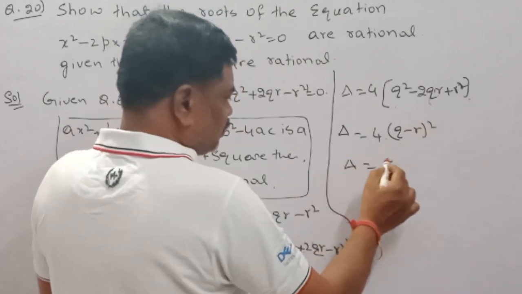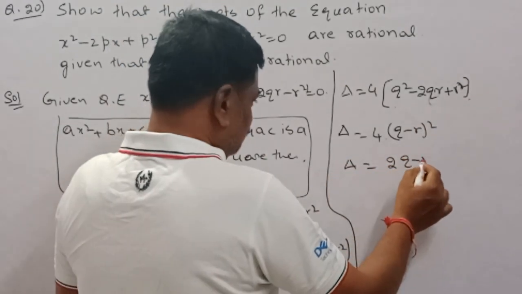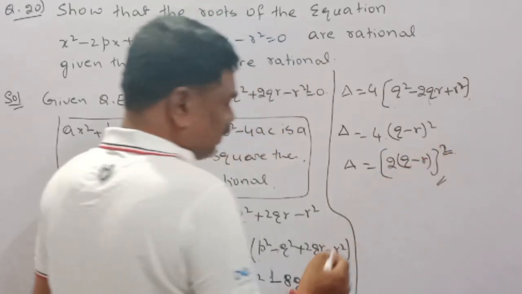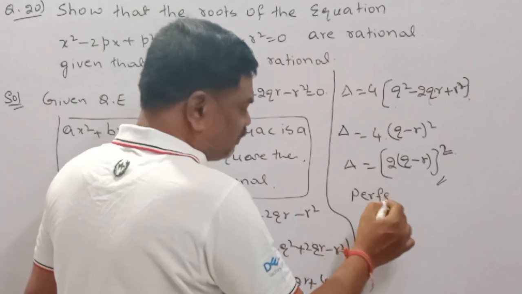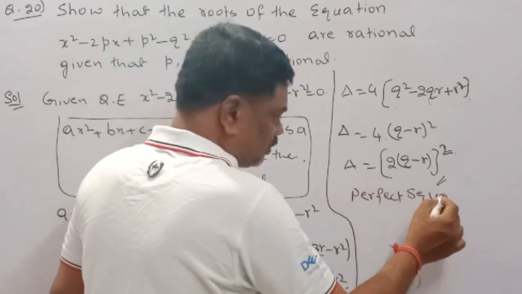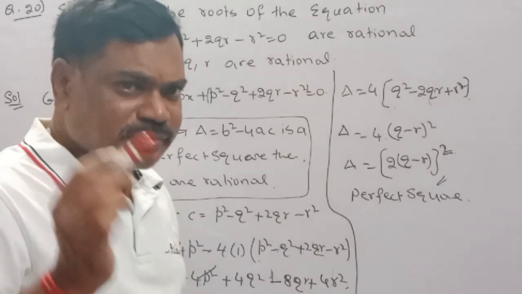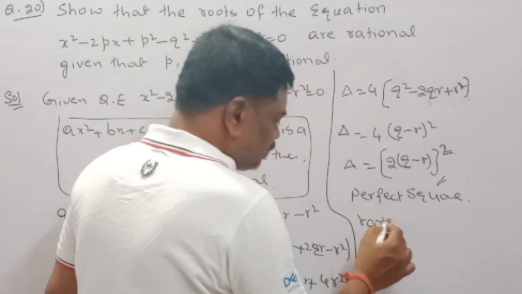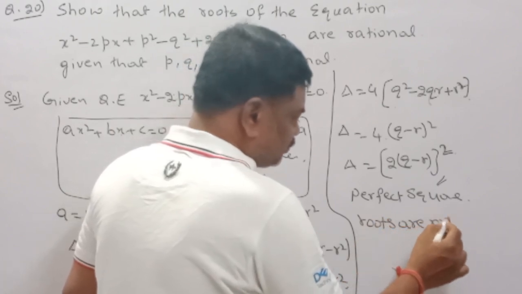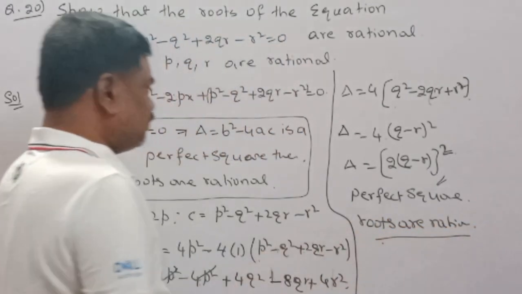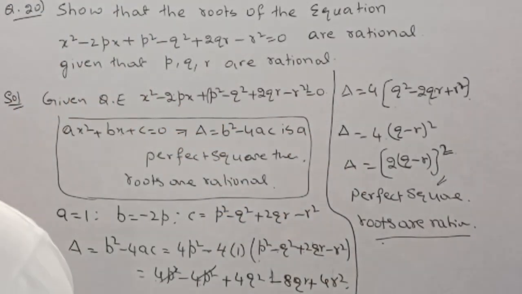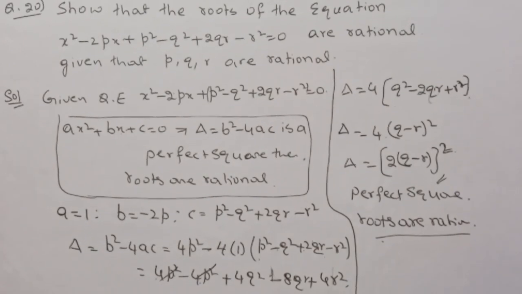So delta is equal to 4 into q minus r whole square, which is a perfect square. So perfect square. Then we say roots are rational. Therefore roots are rational. So the given quadratic equation's roots are rational numbers. Okay, all of you. That's all.